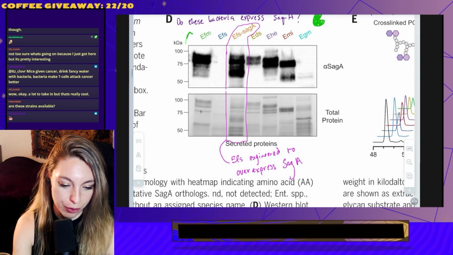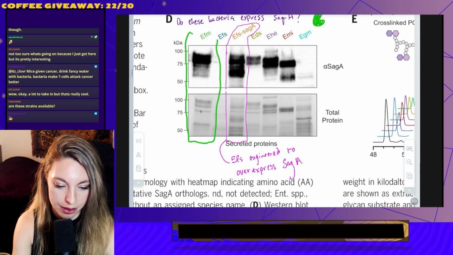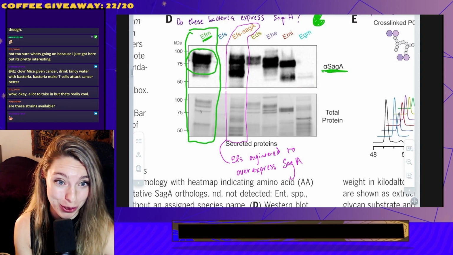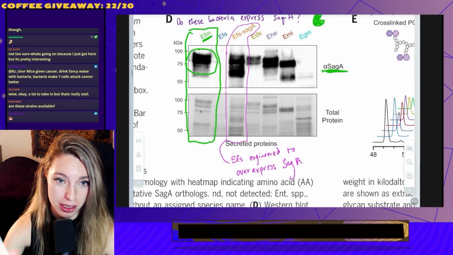And they find that, let's look at this column first, the one I'm circling in green. They find that E. faecium, so this is our good bacteria, it expresses a lot of the SagA protein. So what we're looking at is something called a Western blot. A Western blot is just a technique that takes a bunch of proteins and runs them on a gel, and the proteins get separated based on size.